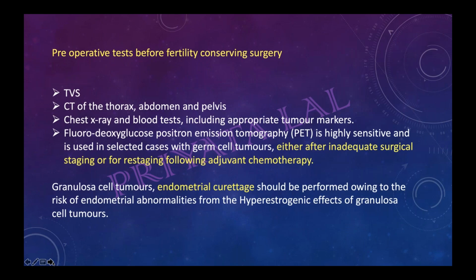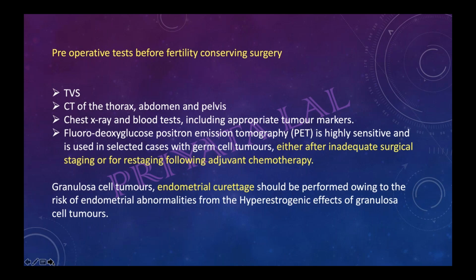Now usually these are young girls, so fertility is an issue for them. So before planning for any treatment, what are the tests that the book says, apart from the general preoperative tests? It would be TVS. We already know TVS can only be done if the woman is sexually active.